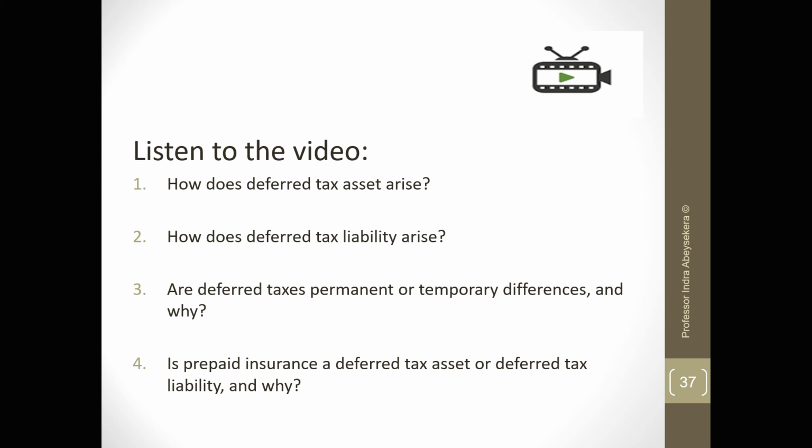Is prepaid insurance a deferred tax asset or a deferred tax liability, and why? Keep in mind these questions, watch this video, and then get back to these questions and try to collect your thoughts.